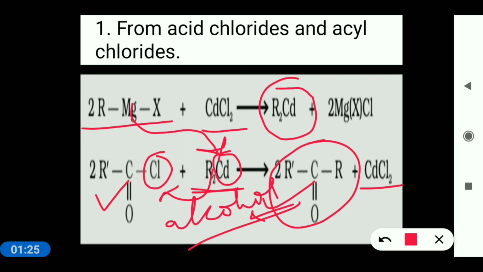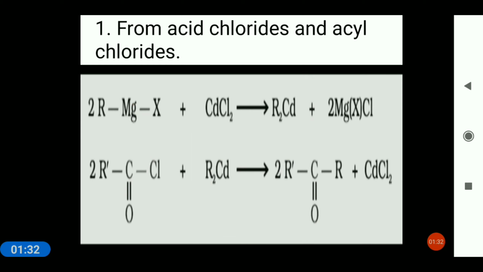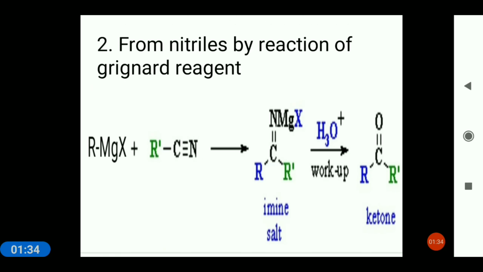So if you want to synthesize alcohol, then Grignard reagent you can use, that we have seen in the chapter alcohol, phenols and ethers. Second is from the nitriles by the reaction of Grignard reagent.